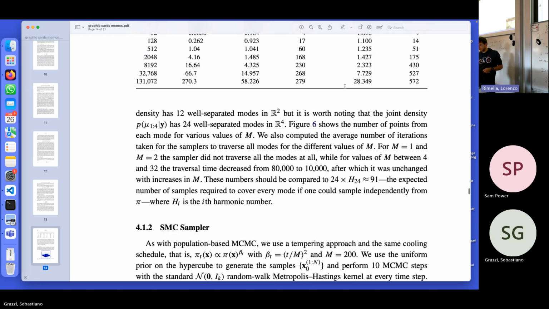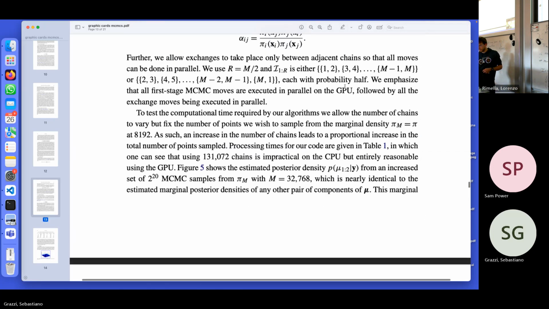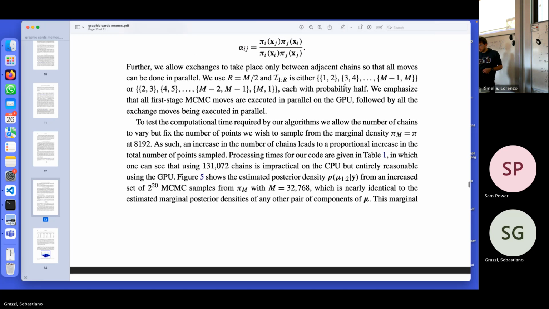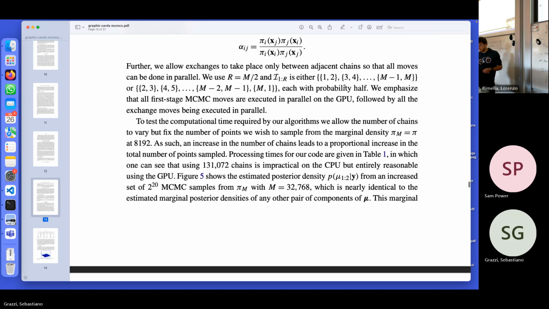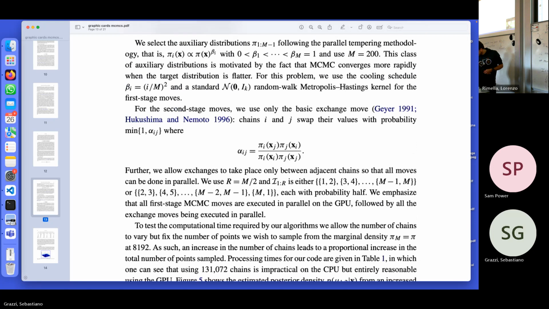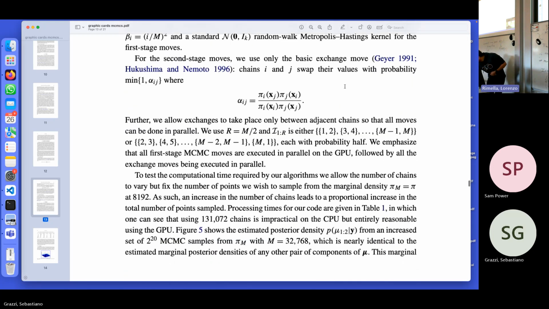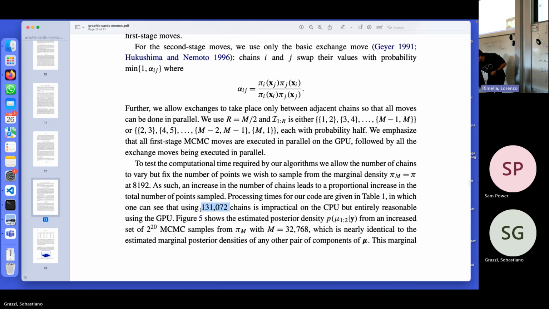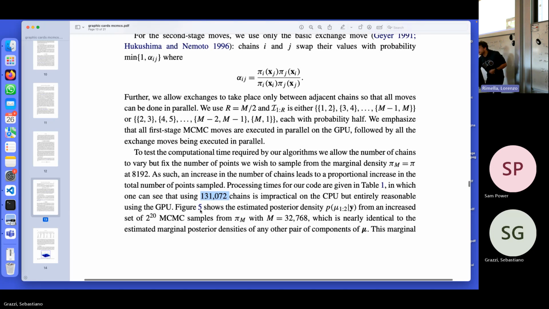Actually, it is much larger than what I said before. I'm not sure in practice how many.